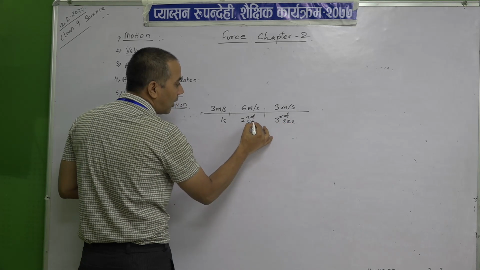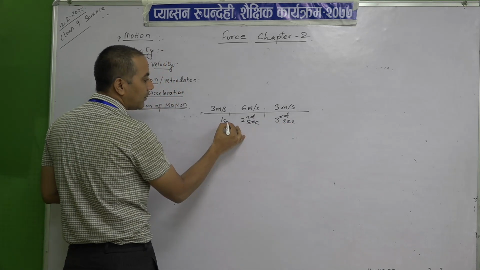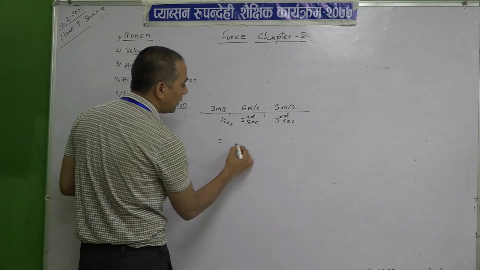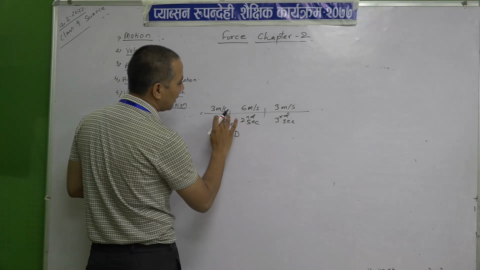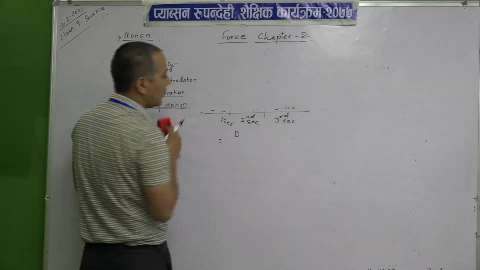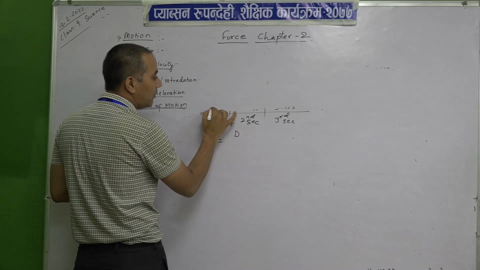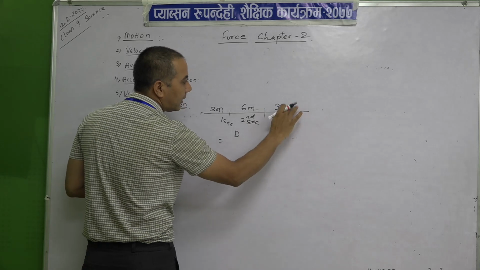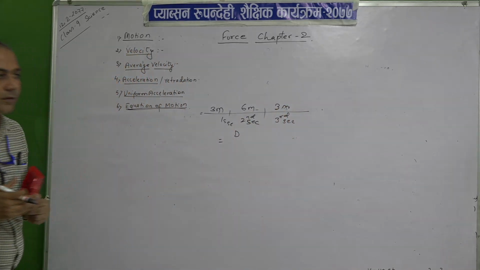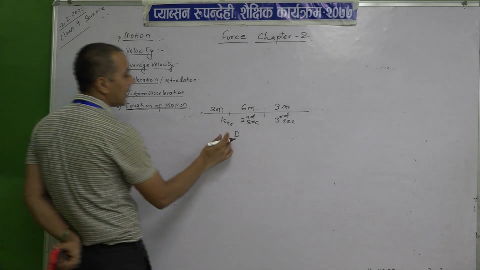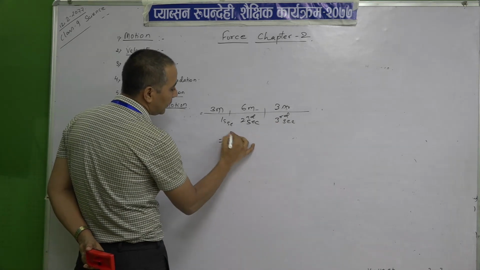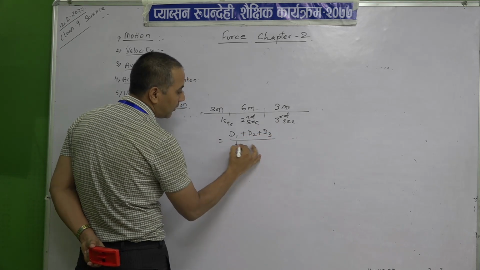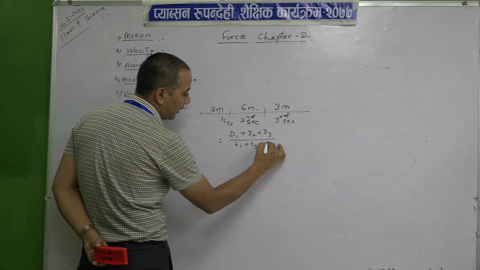So, how will we calculate the average speed? I have shown you the equation also. When it travels 3 meter in 1 second, 6 meter in 1 second, 3 meter in 1 second, speed is calculated by adding d1 plus d2 plus d3 upon t1 plus t2 plus t3.